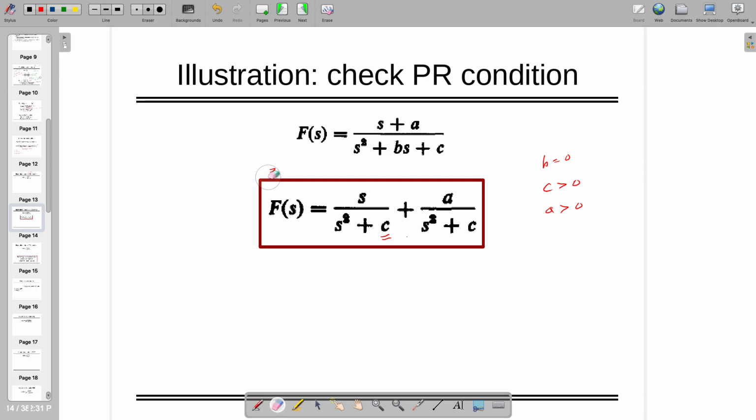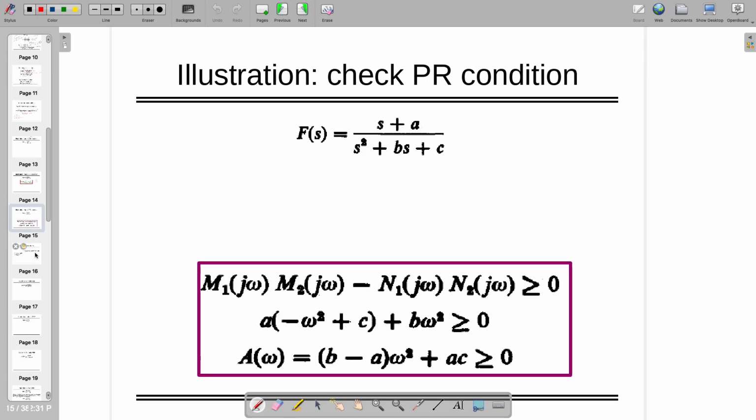You can write that down. But if there is a case where I don't know the situation for A, B, and C, I can write down m1 m2 minus n1 n2 has to be greater than or equal to 0. So what is m1 here, by the way? A. What about n1? S, right? What about m2? S square plus c, and b.